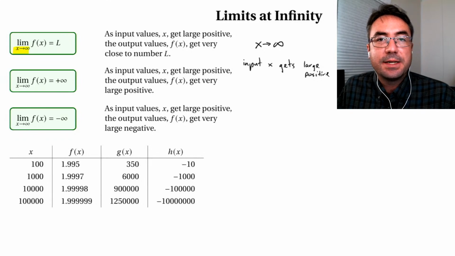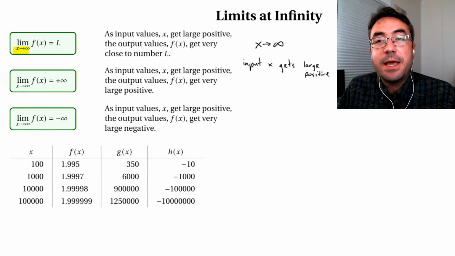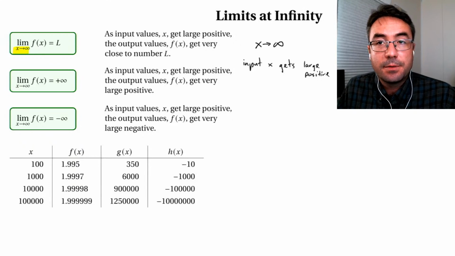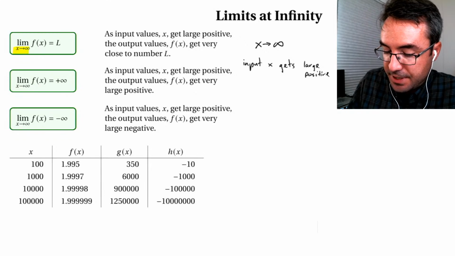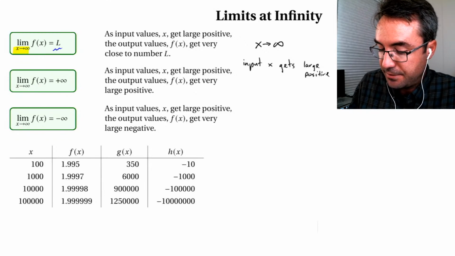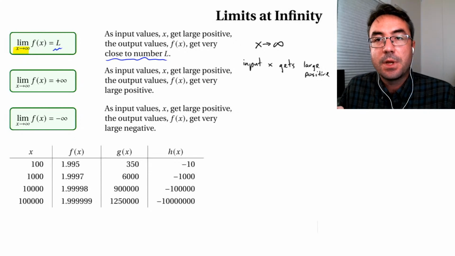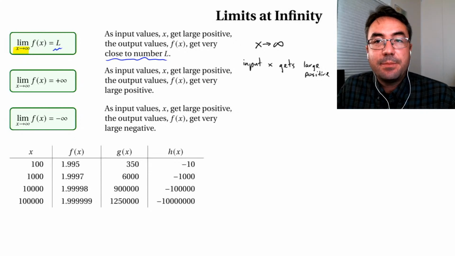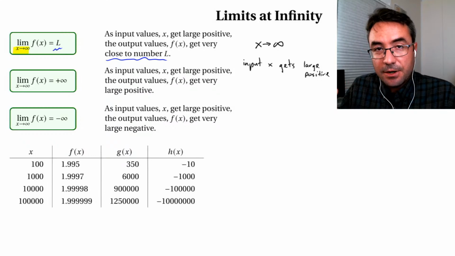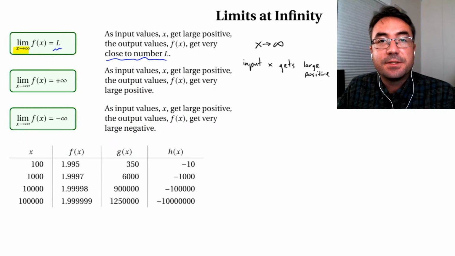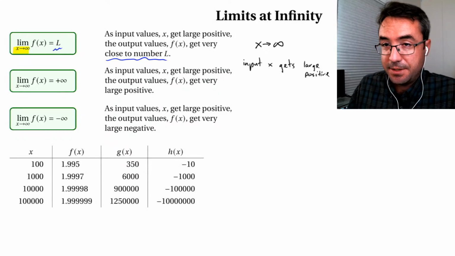And there's a couple different possibilities for what might happen. Maybe our output approaches a number. So that's what we're seeing here, is the output of our function is getting very close to some number L. But that might not always happen. So another possibility, and we say the limit of f of x is equal to positive infinity, if as our input values get larger and larger positive, the output values of our function also get very large positive.